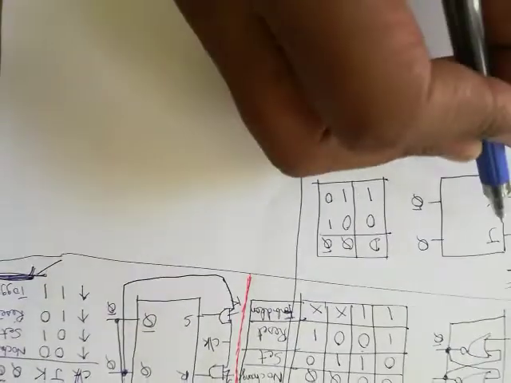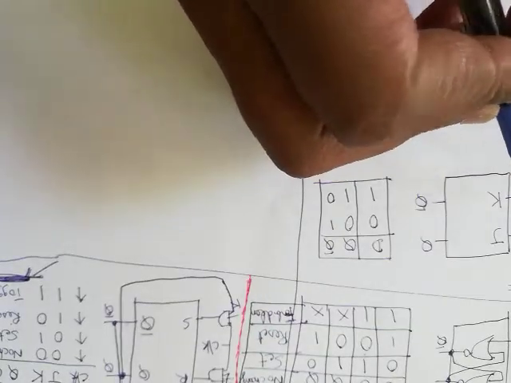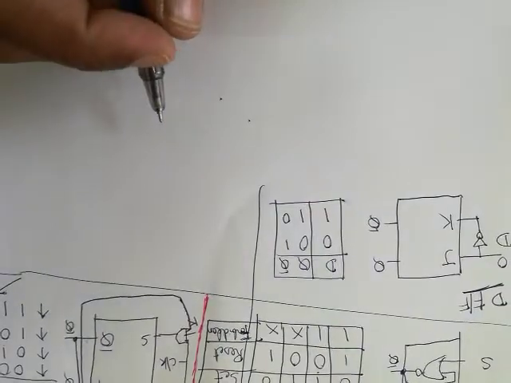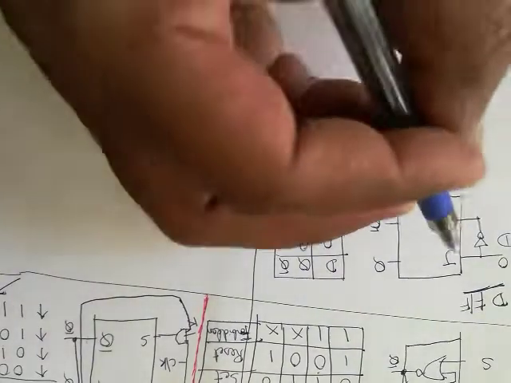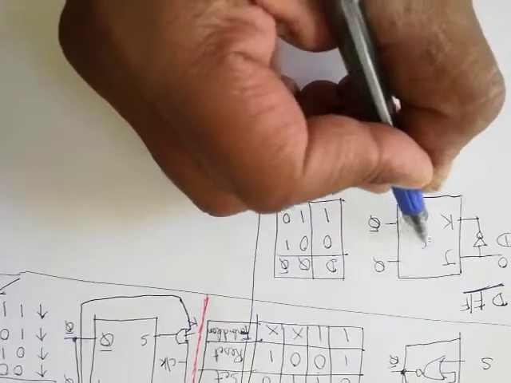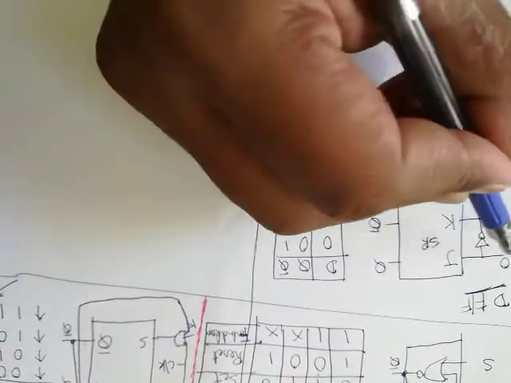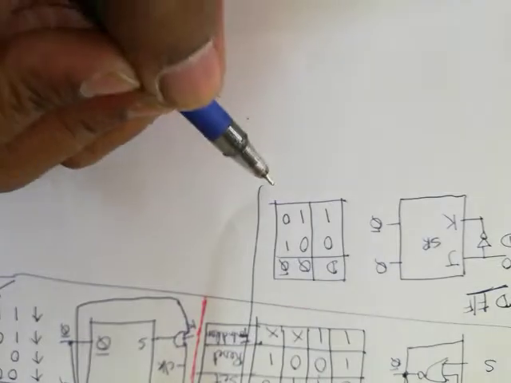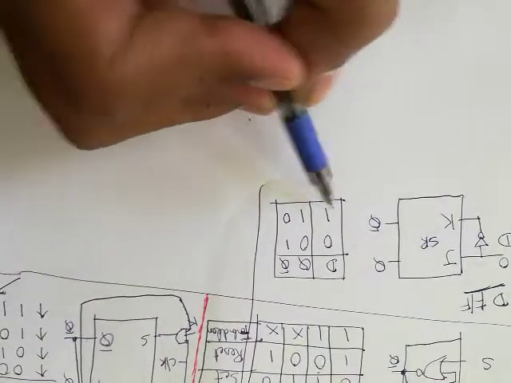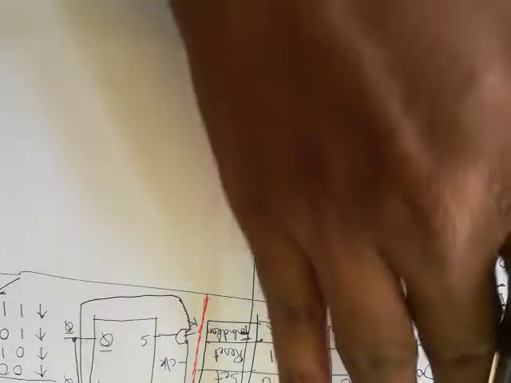So what we can do is either interchange JK here or convert our RS flip-flop into SR flip-flop, but we'll assume that this JK is made up of SR flip-flop. So when we have 0 here, output will be 0. When we have 1 here, output will be 1.